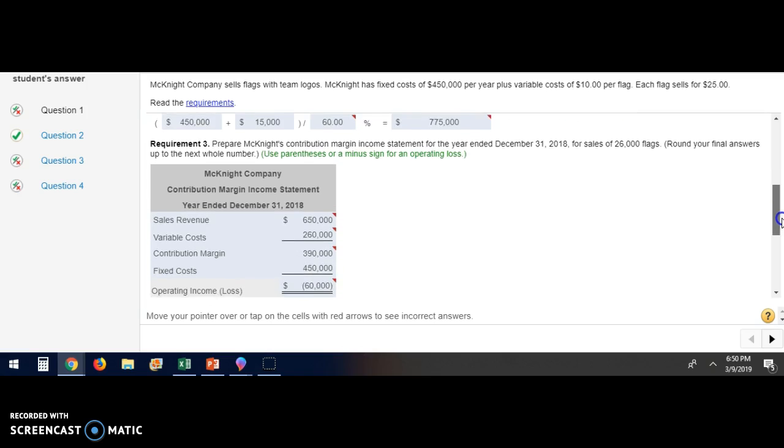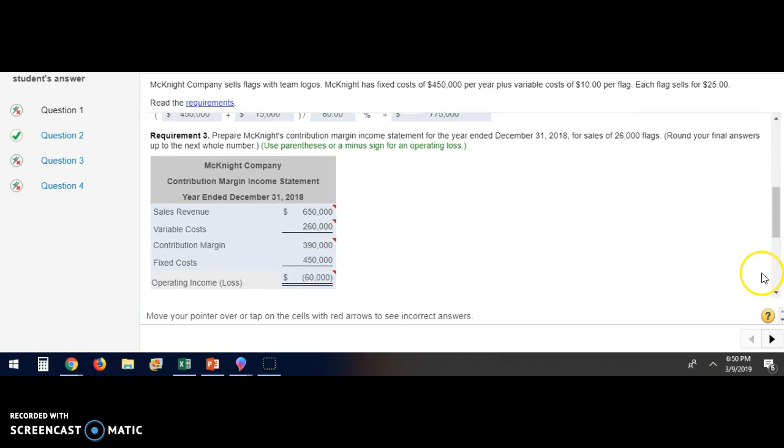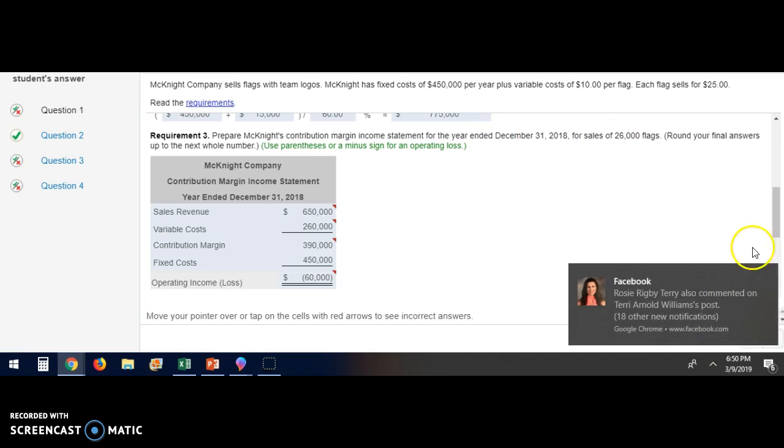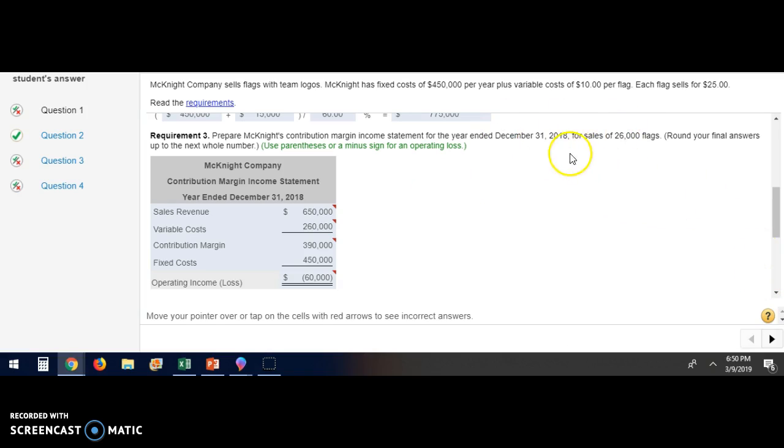$775,000. Now we want to prepare a contribution margin income statement for the year ended. The important thing to remember is we're selling 26,000 flags. So 26,000 flags times 25 would give you the 650,000. The variable cost, remember, is $10 per flag.